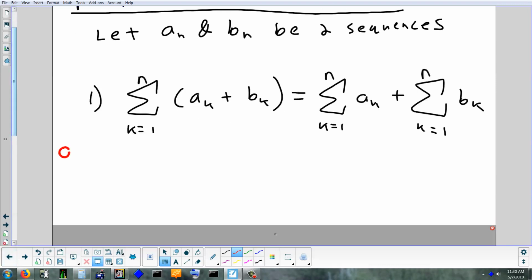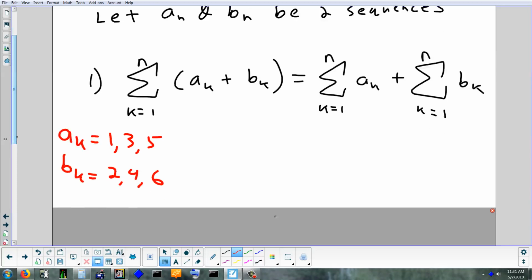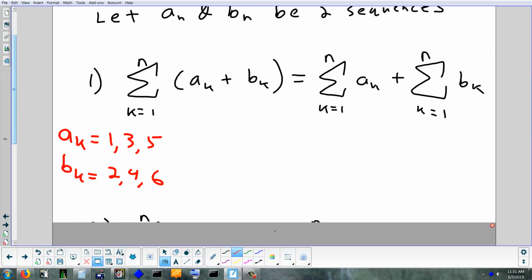Let's let A sub k be the sequence 1, 3, 5. Okay, short, simple sequence. Let's let B sub k be the sequence 2, 4, 6. So let's do what it says on the left. Add the sequences together. That's in parentheses, so let's do it first. When you add sequences together, you do it just like you would think. Add the first term to the first term, second term to second term.